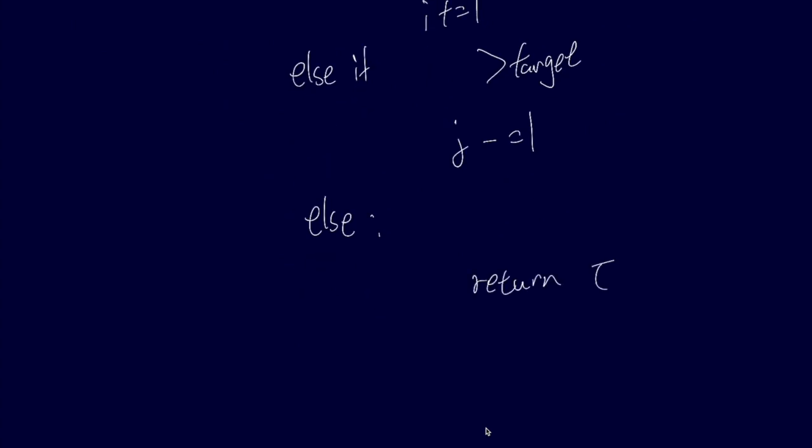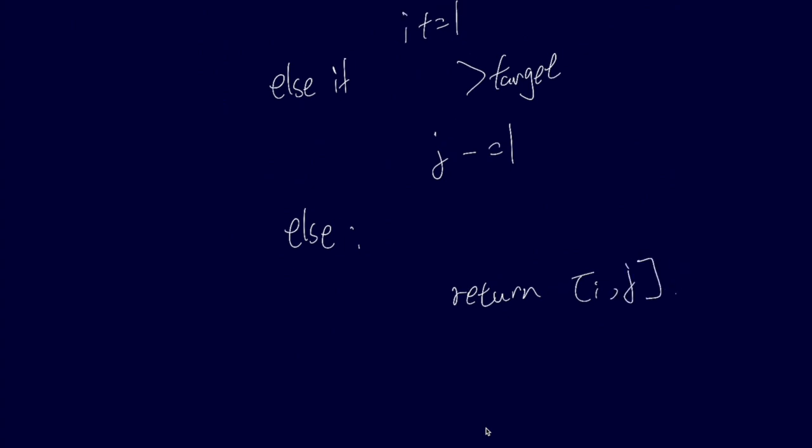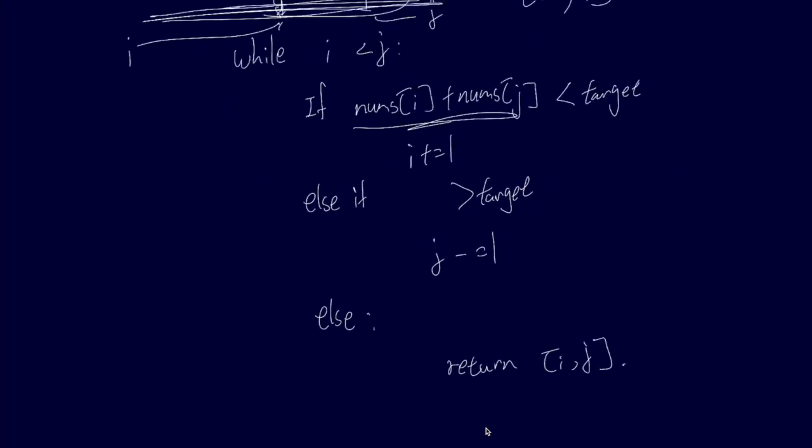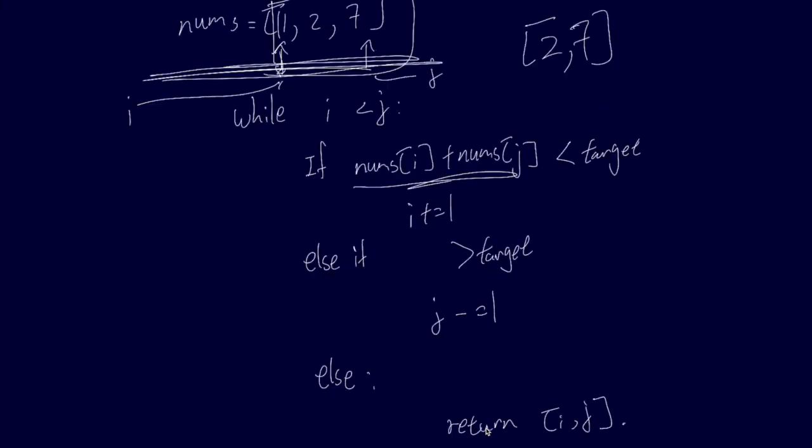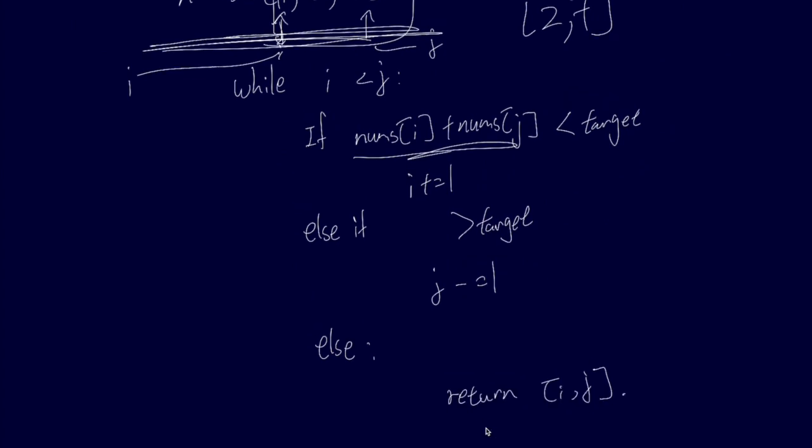Return the indices I and J. Okay, so this is the basic idea.